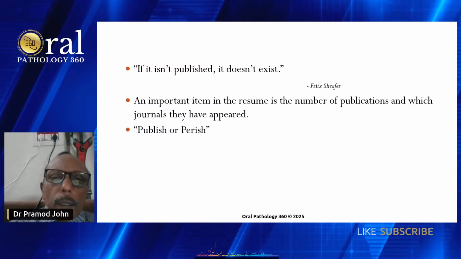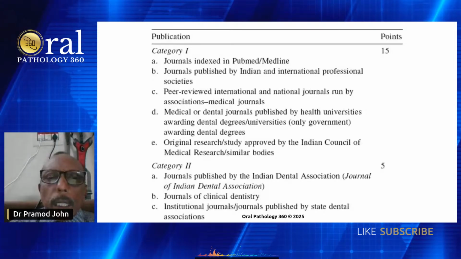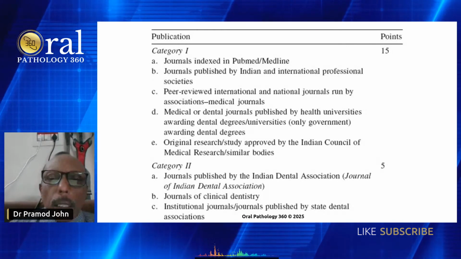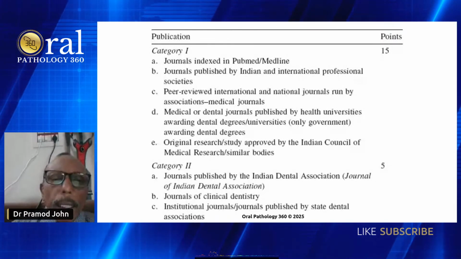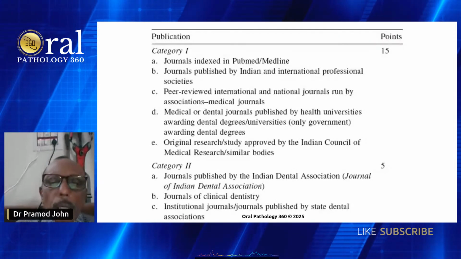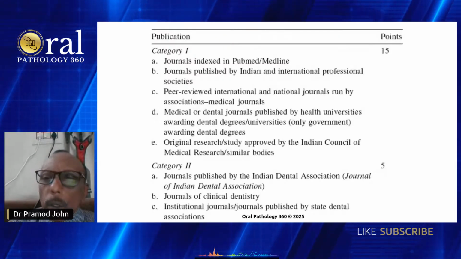Now, in the Dental Council of India, previously they had two categories of publications. Category 1, journals indexed in PubMed, Medline, some specialty journals, international journals, and so forth. And category 2, journals published by the Indian Dental Association, some journals published by state dental associations, and so on.